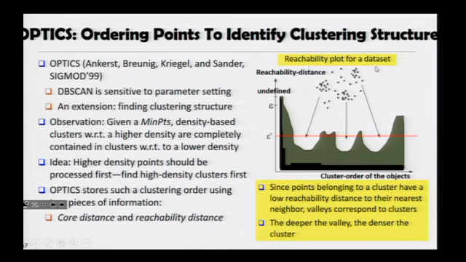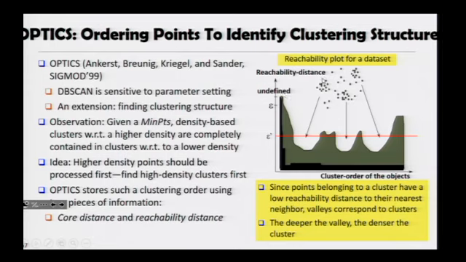But here, let's first look at this figure. Suppose you have a data space like this, with some very dense structures and some very loose neighbors as well. The y-axis of this figure is trying to measure the reachability distance.